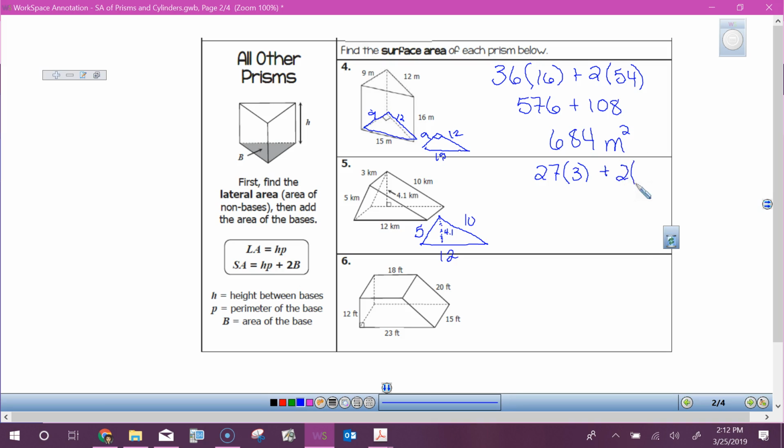Now when I'm finding the area of my base, what 2 numbers am I using? 12 and 4.1 is your height. It has to make that 90-degree angle in order to be the height of your base. So 12 times 4.1 divided by 2.